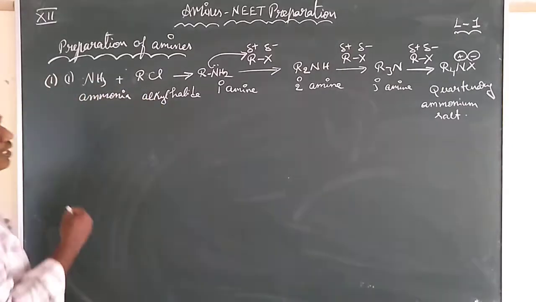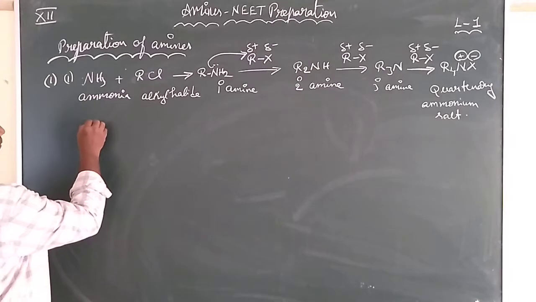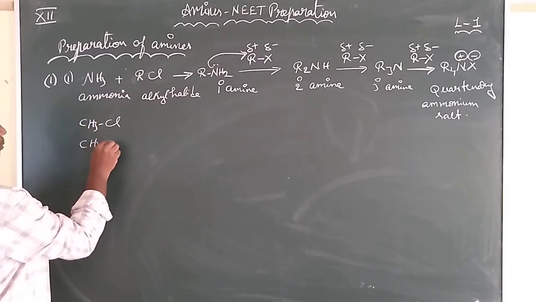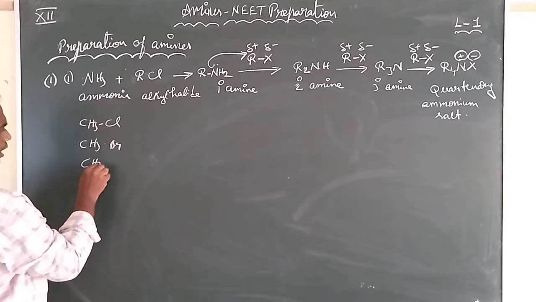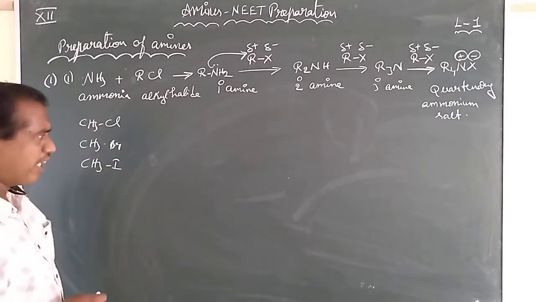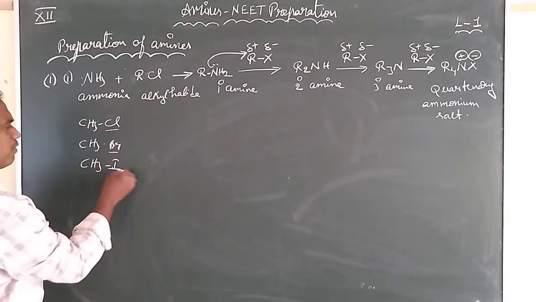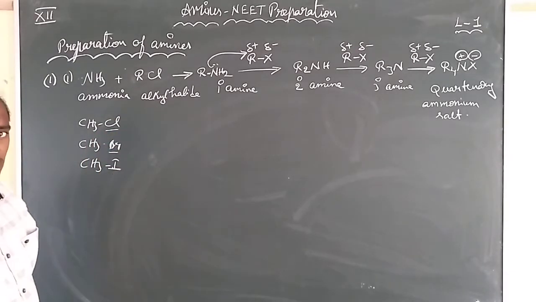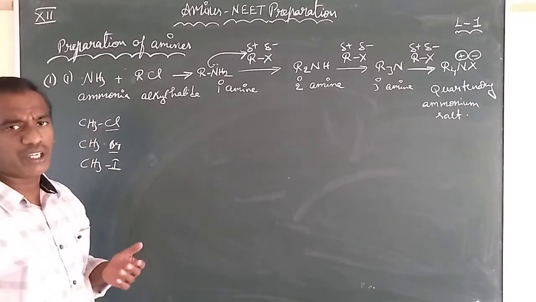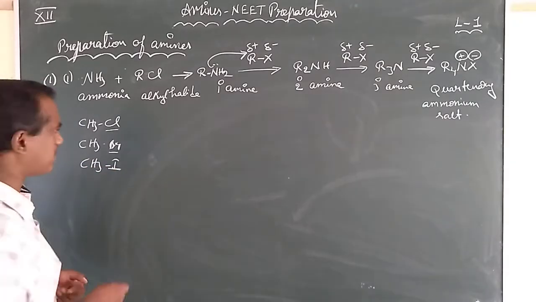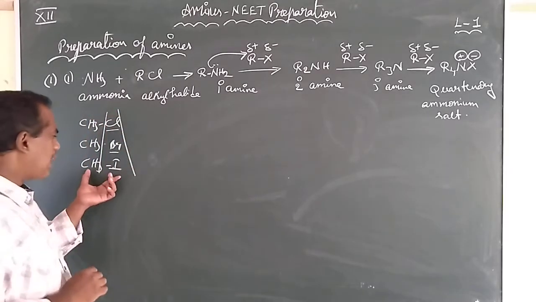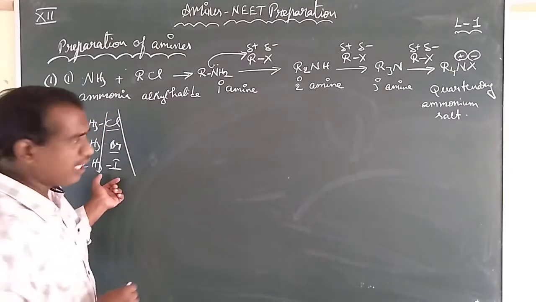You are using some alkyl halides like CH3Cl, CH3Br and CH3I: methyl chloride, methyl bromide, methyl iodide. Which one will have more reactivity? Once you see the group from top to bottom, as atomic radius increases, bond strength will be lower in the case of methyl iodide.